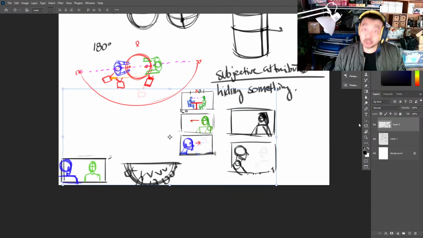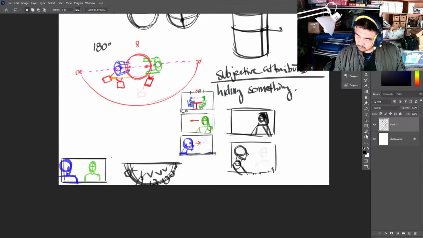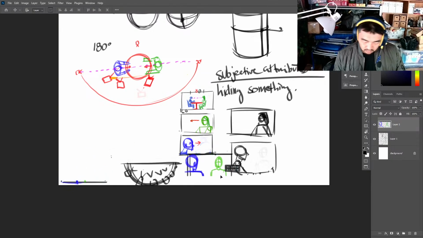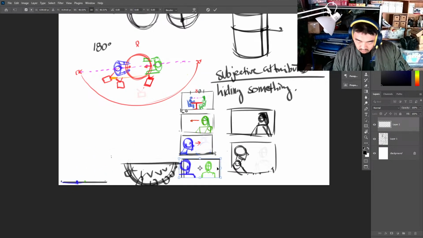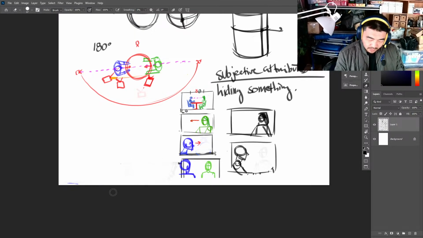Here's a cheat. I learned this from, I don't remember where, but let me see if you guys can see the pattern.